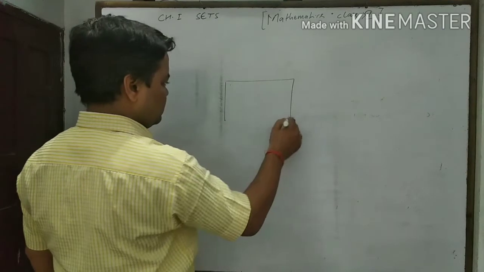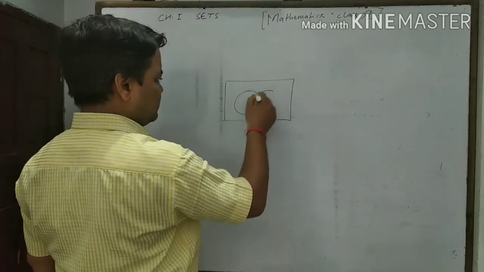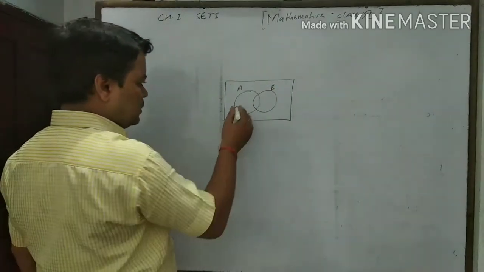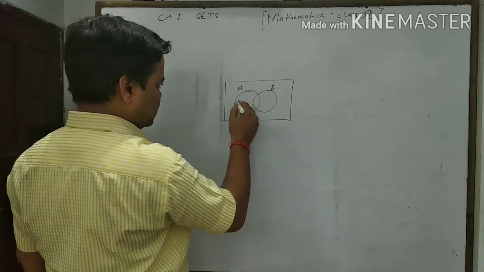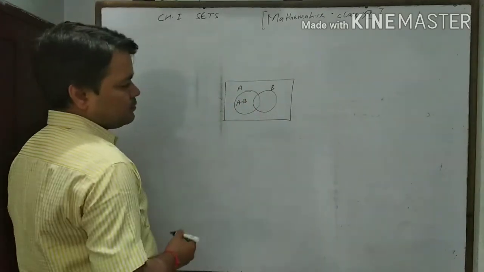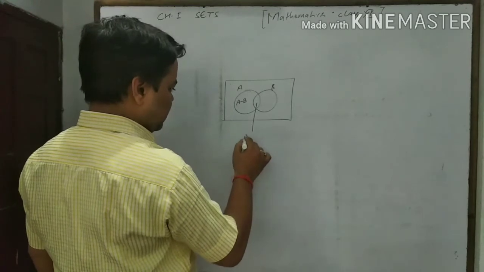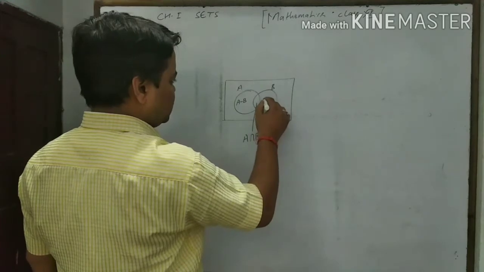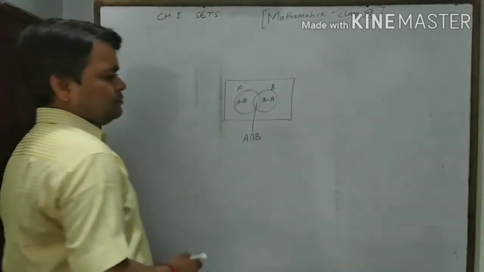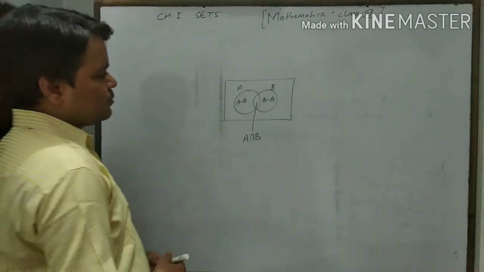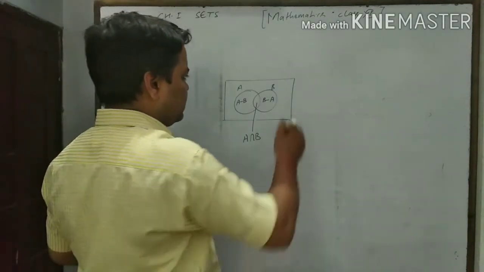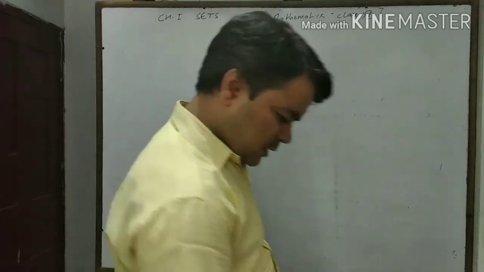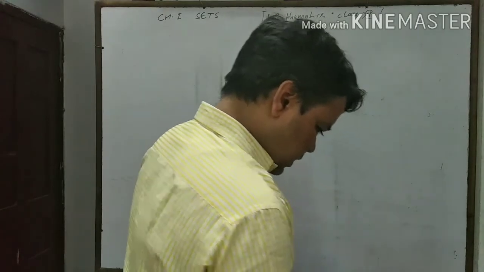If I draw two sets A and B, then this part represents A minus B, this part represents A intersection B, and this part represents B minus A, and here the universal set.